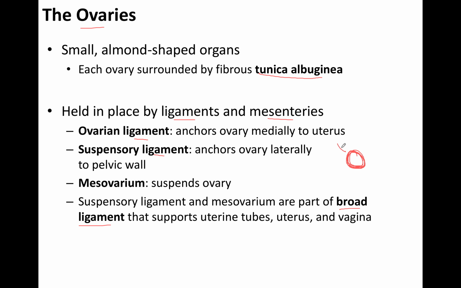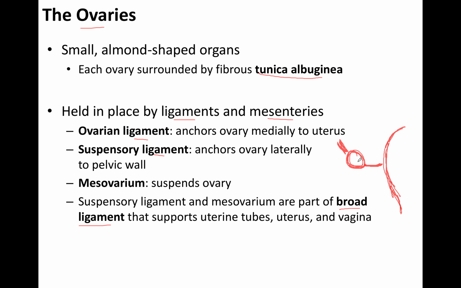So one is a suspensory ligament, which is going to come off laterally and attaches to the posterior pelvic wall. The ovarian ligament is going to come this way, right there, medial, and it's going to attach to the lateral surface of the uterus.